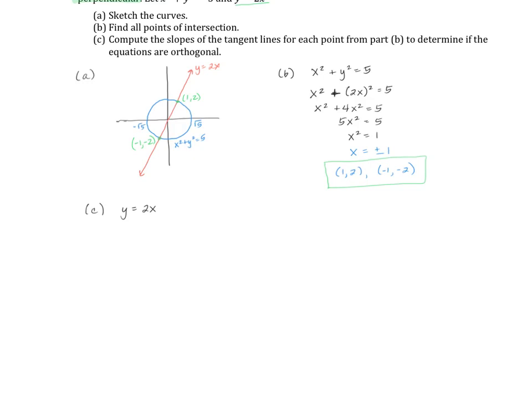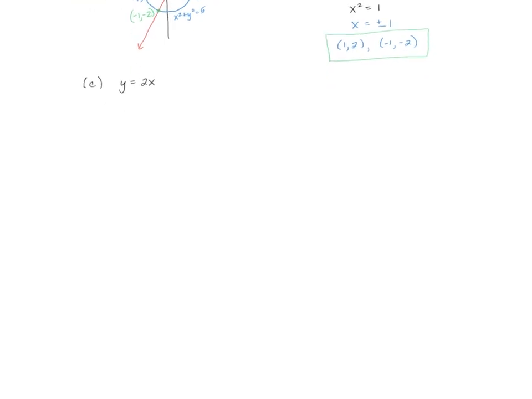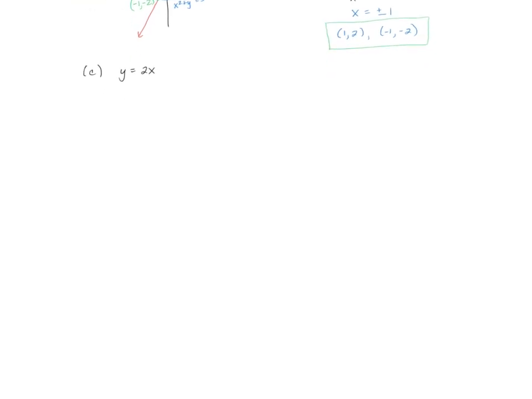So first of all, I look at y is equal to 2x, and I only chose that one because it's easier, because the derivative is just 2. So that says it doesn't matter what point I'm at. I could be at the point 1, 2, or the point negative 1, negative 2. The slope of the tangent line, which is just the derivative, is equal to 2.